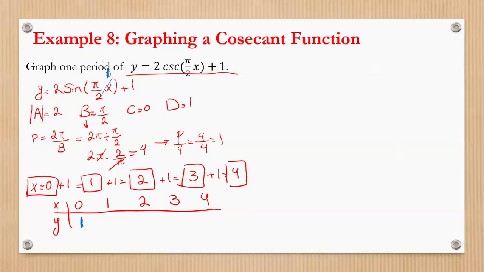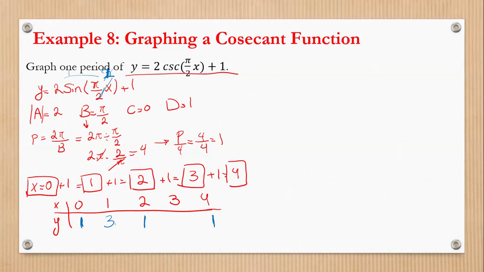The sine of pi over 2 is 1, and 1 times 2 is 2, 2 plus 1 is 3. And if I replace 2, the 2s cancel each other and you get sine of pi. Sine of pi is 0, 0 times 2 is 0, 0 plus 1 is 1. So we usually have every other point the same: 1, 1, 1.